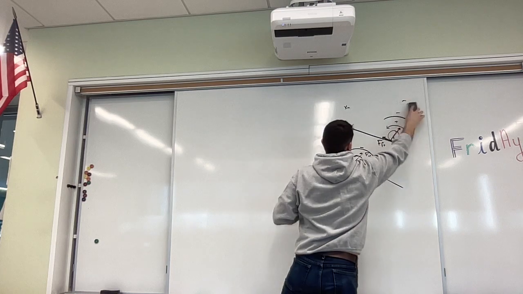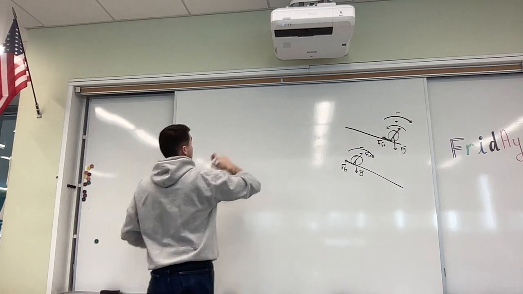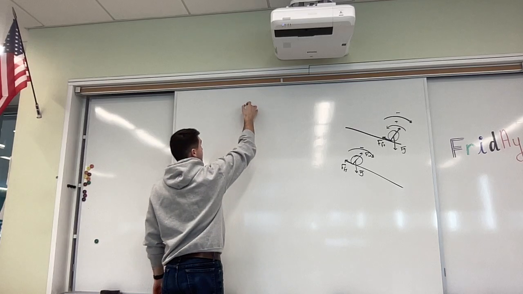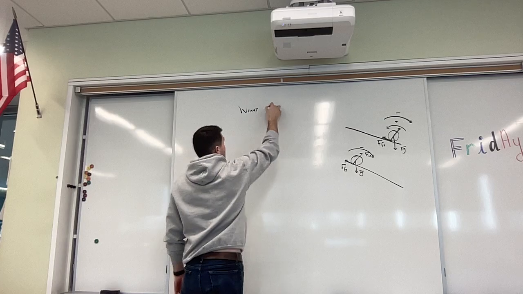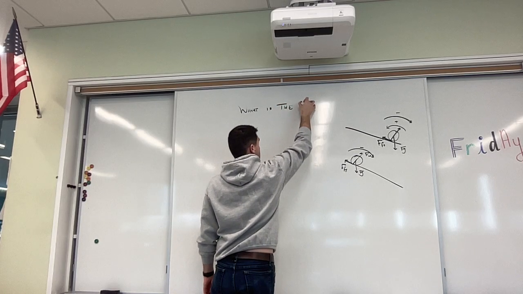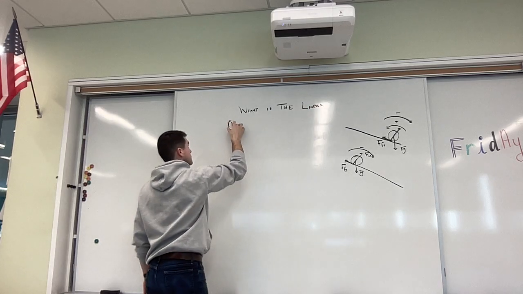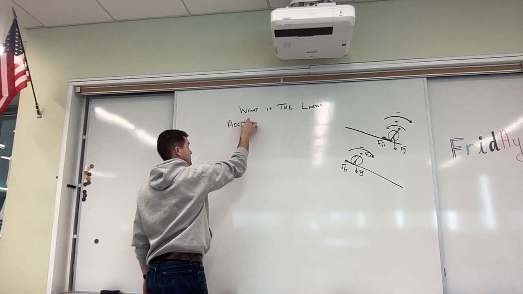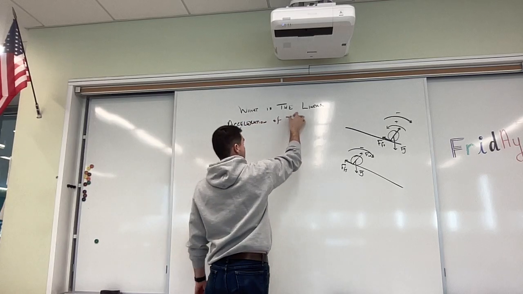Okay? I'm going to go ahead and leave up my FBDs and tell you what the question is. My question of the day for this motion is, what is the linear acceleration of the basketball?